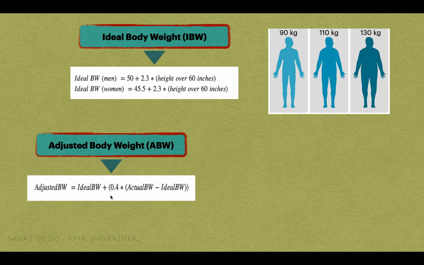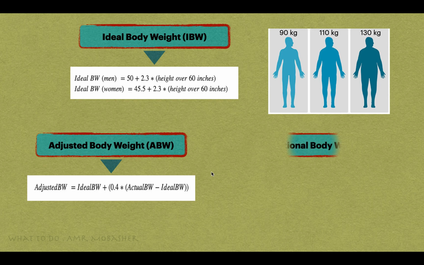They used the factor 0.4 for this adjustment. Now I have adjusted body weight, which is used mainly for drug dosing in morbidly obese patients in ICU. And when it was used for the nutritional support dose, 25 kilocalories per kg, they found a lot of cases complicated with overfeeding syndrome.